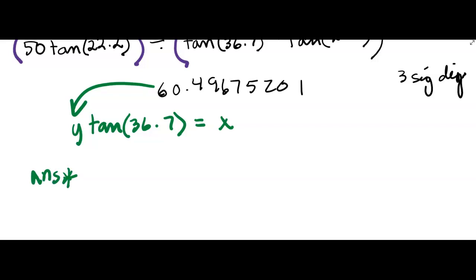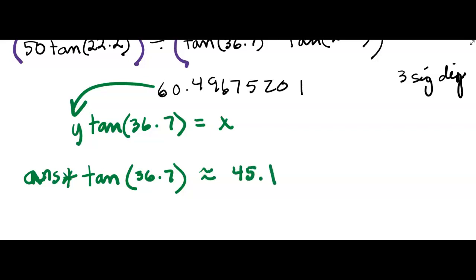So it says ANS multiply, and then I'm going to go tan. It's going to pop open a parenthesis, 36.7, and I'm going to close that off. Okay, so tan 36.7, and hit enter, and I want 3 significant digits.